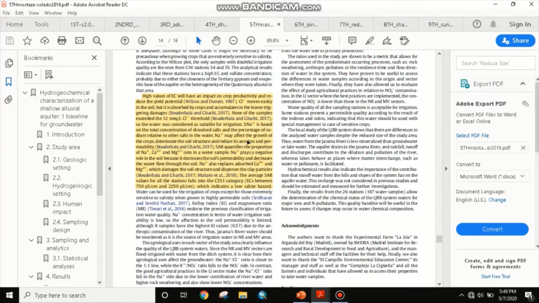We have seen this line. That is the impact of the presence of sodium in water. This is common in all research papers.